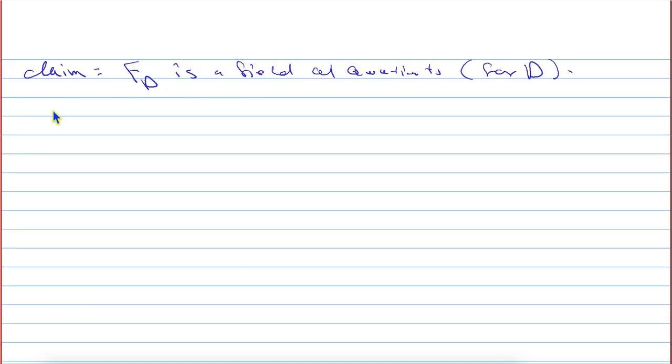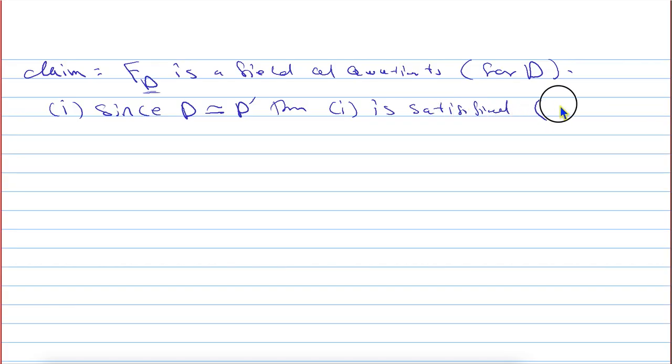The first condition is obvious, since D is isomorphic to D prime. The D prime is a subring which we identified in the last session while constructing F sub D. Then the first condition is satisfied by considering D1 equal to D prime.